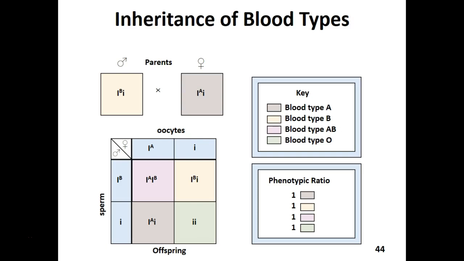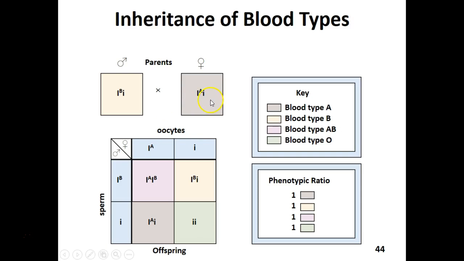So when you're looking at blood typing, you're going to be looking at each parent, and you're going to be using either the I's or the A's, and the I's or the B's. In this case, we have two heterozygous parents. One has type AO blood, and the other has type BO blood.